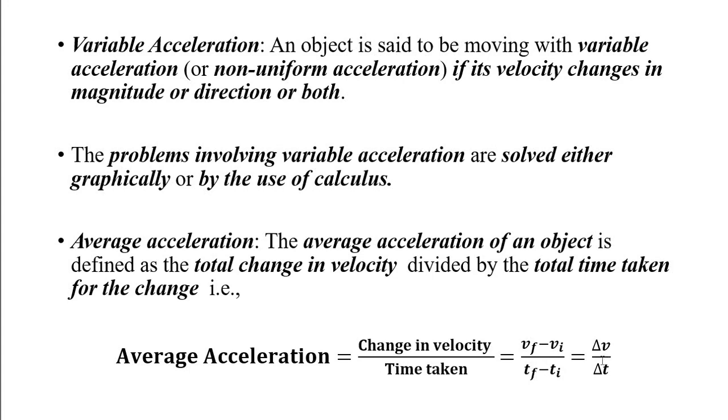The expression is the same as average velocity, but the meaning is different. Here it is the total change in velocity from initial to final point, that is Vf minus Vi by Tf minus Ti, that is the average acceleration.